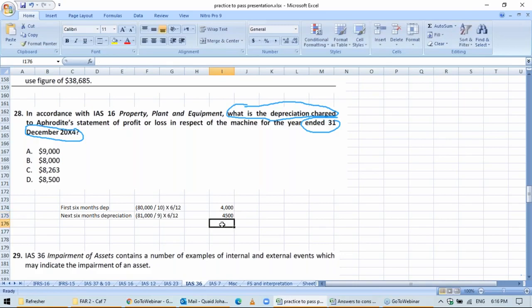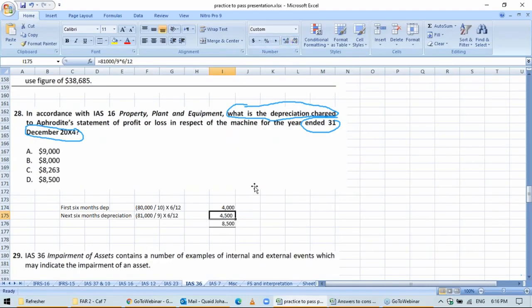So this gives you 4,500. So the full year depreciation totals to 8,500. So that's our answer. So the correct answer is D.